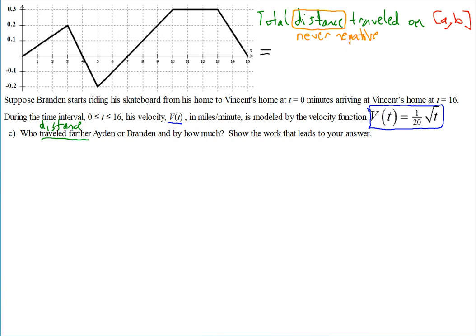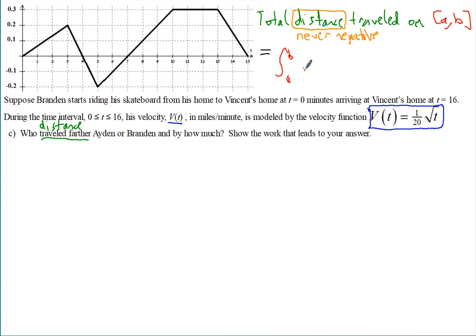So to go from velocity back to distance, which is kind of like position, you'd have to integrate, in this case from A to B. But to make sure it's distance, it's never negative, we wouldn't integrate velocity by itself.